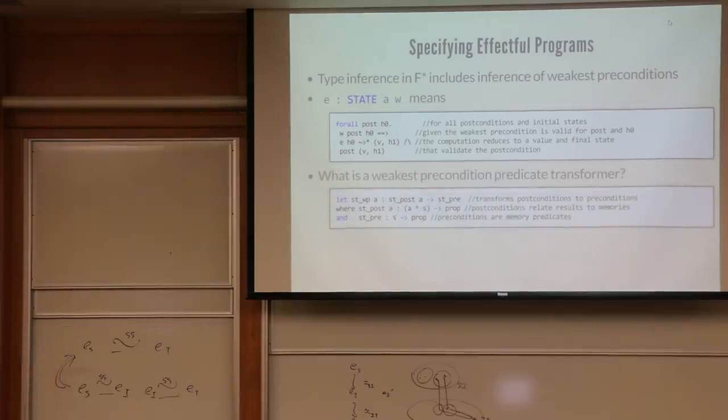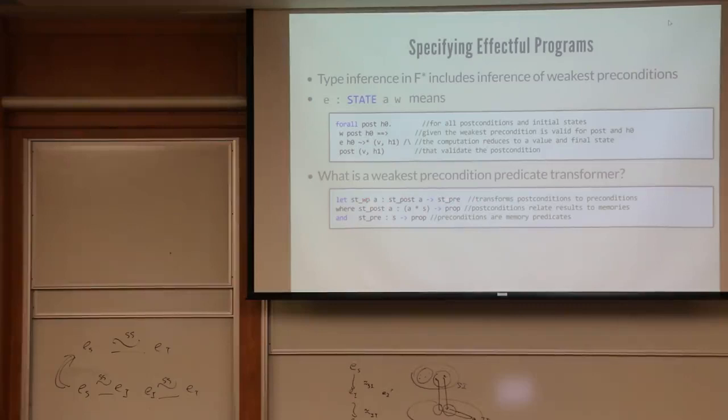So let's stare at this a little bit more. Let's parse it out. A statement like this forces the type of W in some sense. So what is the type of W? The type of W depends on the effect, it depends on state. In this case, the type of W is a stateful WP, STWP, parameterized by a result A. And it's a function from a postcondition about A's to preconditions.